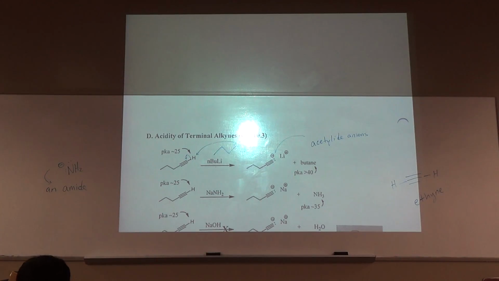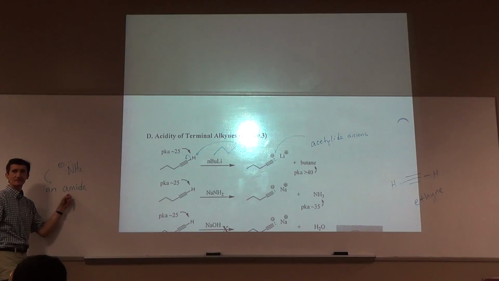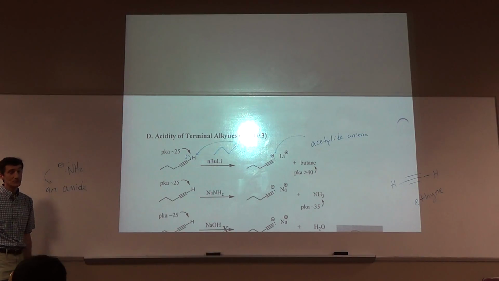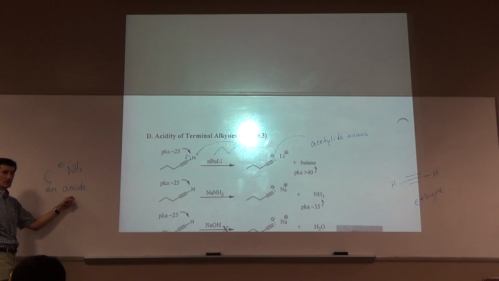What is that? Amide? But that's not an amide, is it? What's an amide? An amide is a functional group, right? Well, that's because there are two different things that are called amides. A negative nitrogen is also called an amide. Confusing, yeah? Well, it's because of the ide ending.